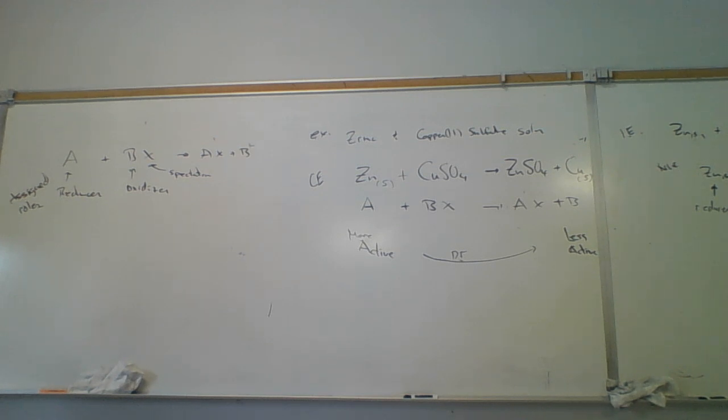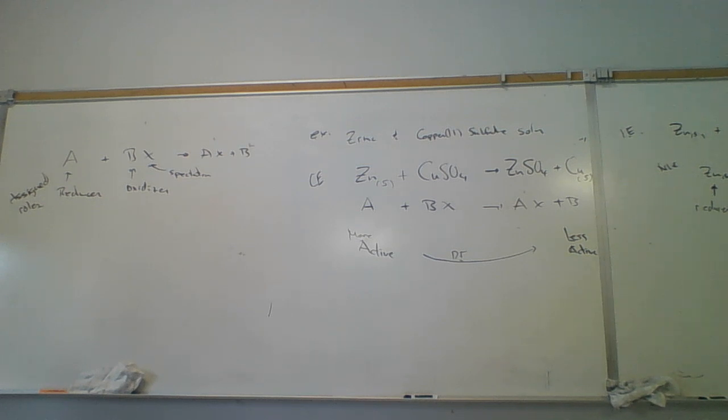Which side is less stable, higher in energy? So in this case, which one is a more stable metal, zinc or copper? Copper is more stable, so it's tilted like this. Zinc's less stable, so it's downhill going this direction, right to left.